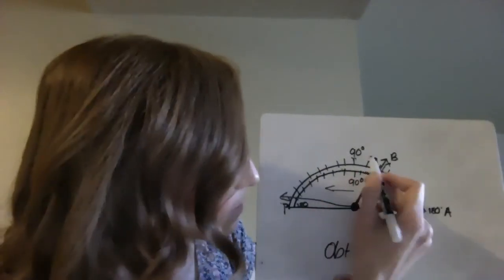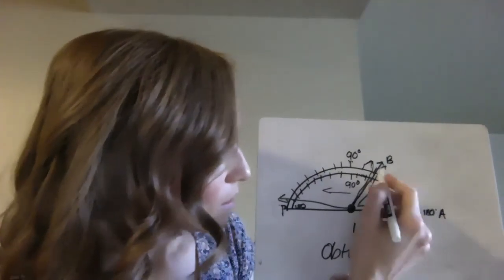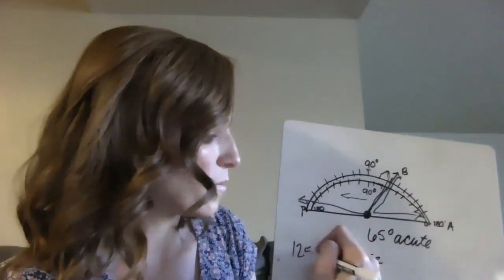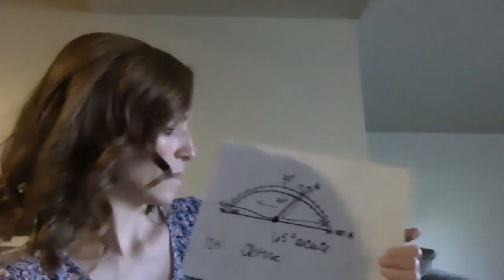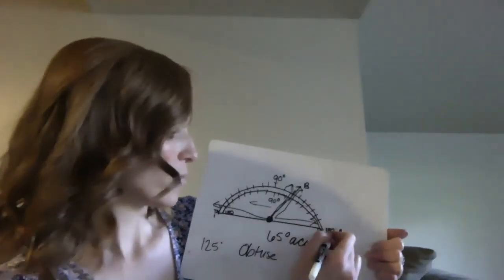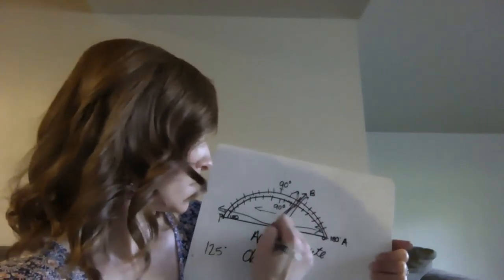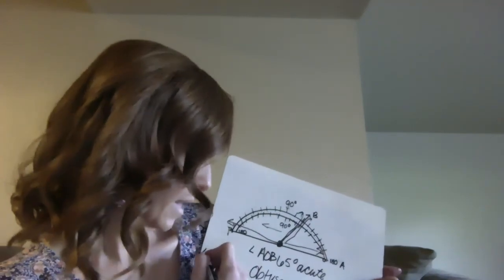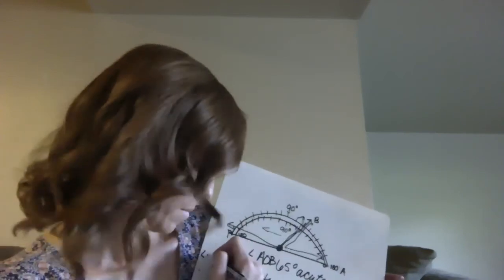So this one passes 90, 100, 110, 120, and we're between 120 and 130, so it's 125 degrees. And so you would write this first angle as angle AOB, and this one as angle POB, and then you write how many degrees.